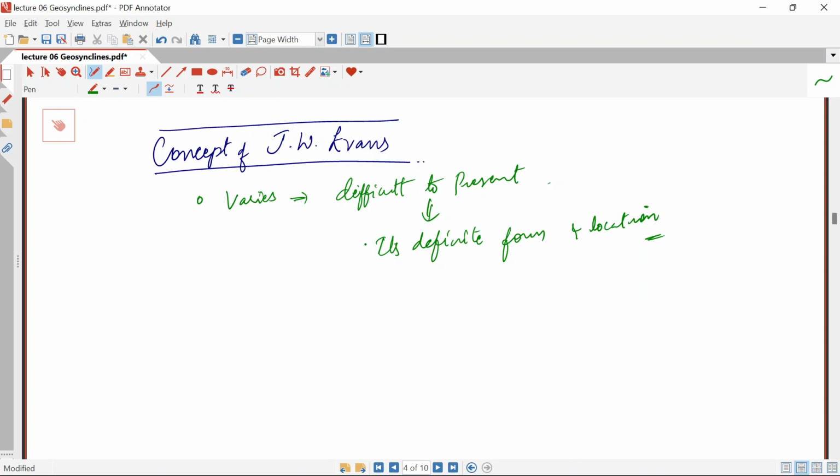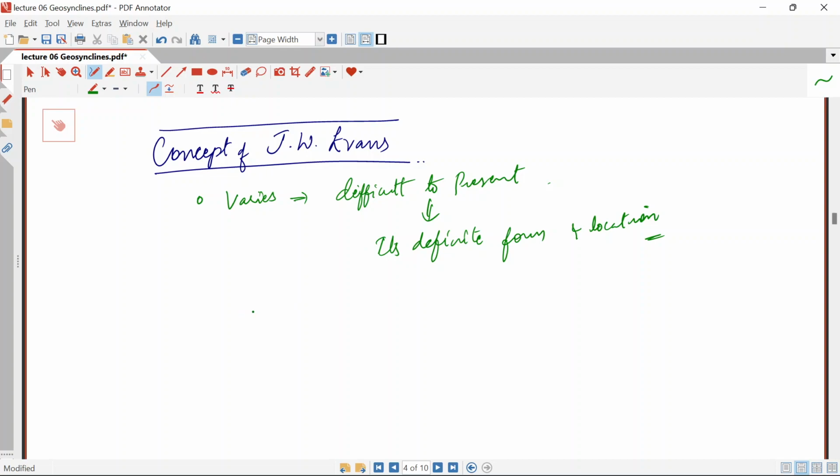It is difficult to find because, due to plate tectonics, there is movement in the surface of the earth. Plates are always moving, and if we consider billions of years, then we cannot say where it was present and what its exact location was.